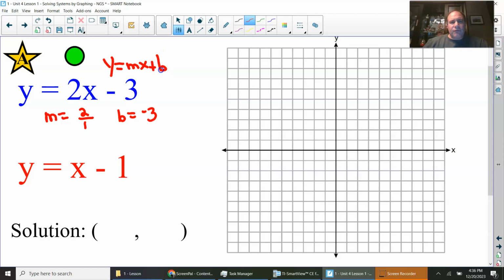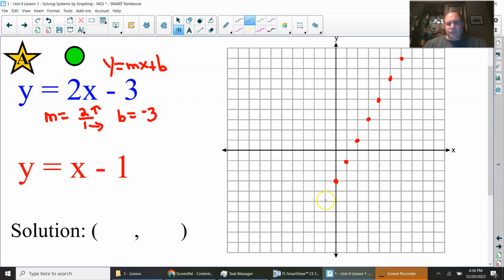Once it's in that format, you could just go ahead and put the arrows of a rise and a run. Everything's positive. Except for the y-intercept, you start at negative 3, and then you rise 2, run 1, rise 2, run 1, rise 2, run 1, and you are off to the races here.